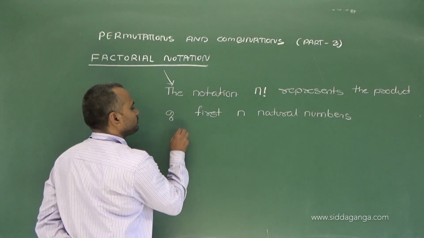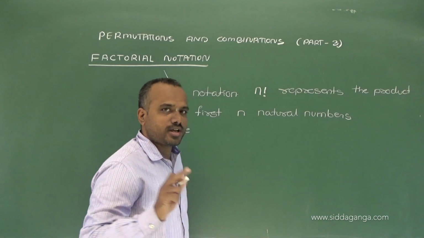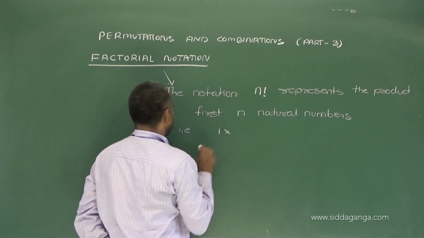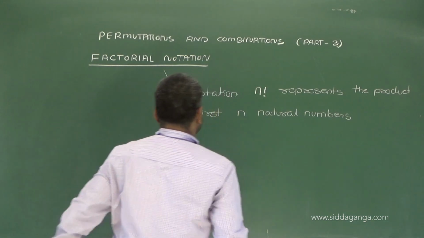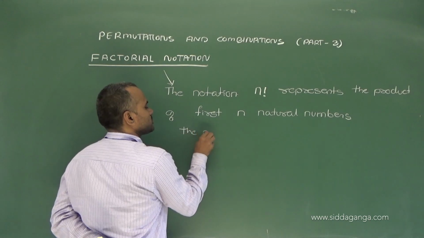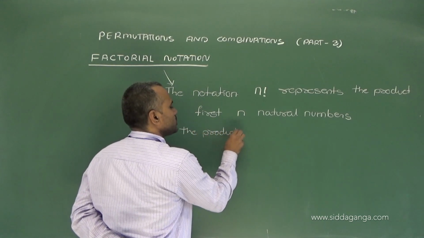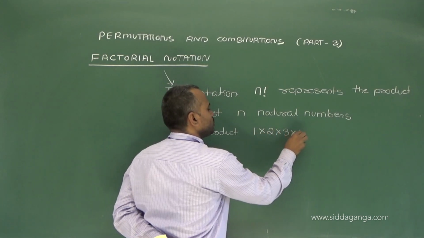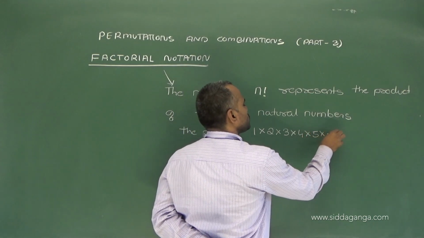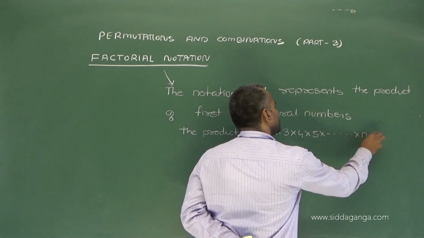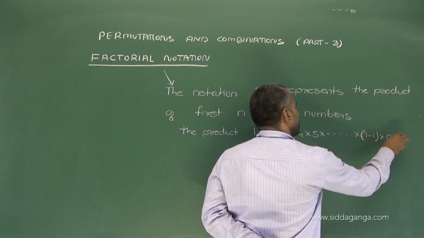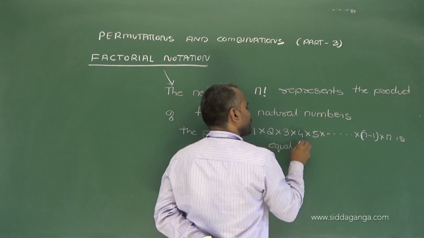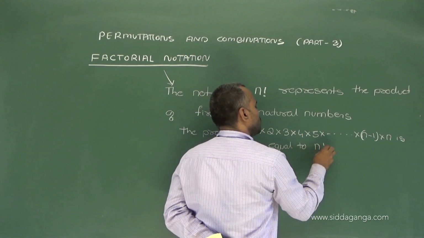That is 1 into 2 into 3 into 4 into 5 into so on into n minus 1 into n is equal to n factorial.